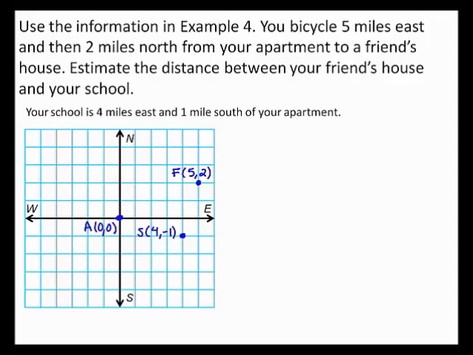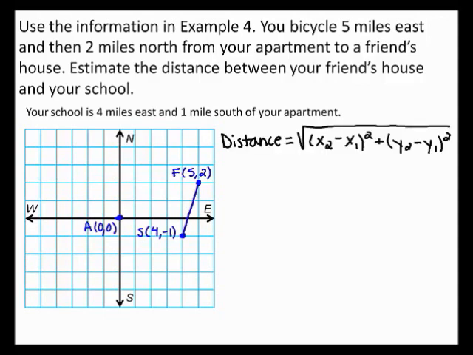Now, to find the distance between points F and S, or the length of segment FS, you can use the distance formula. Let x1 equal 5, y1 equal 2, x2 equal 4, and y2 equal -1. You can substitute these values into the distance formula.